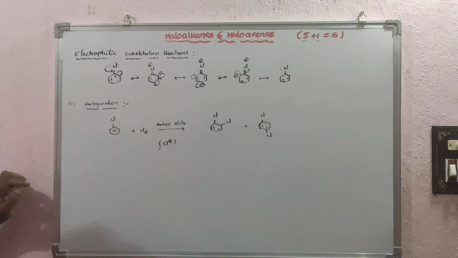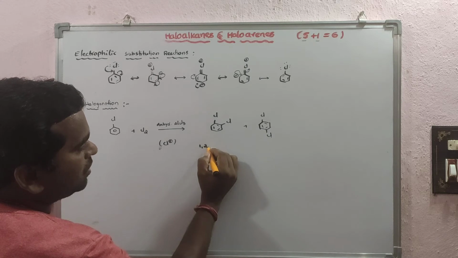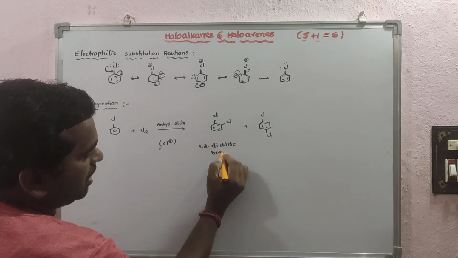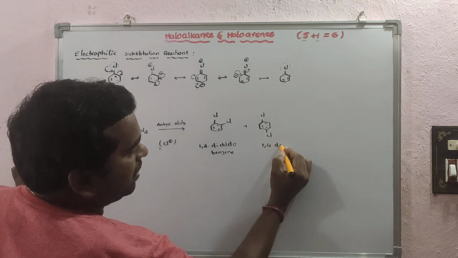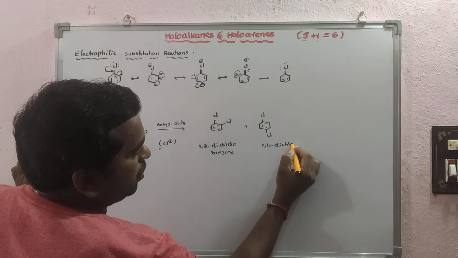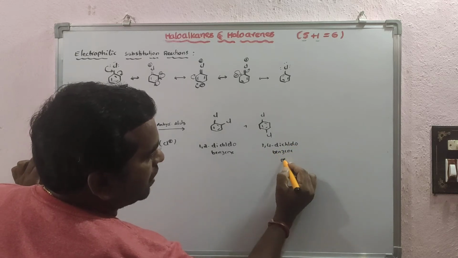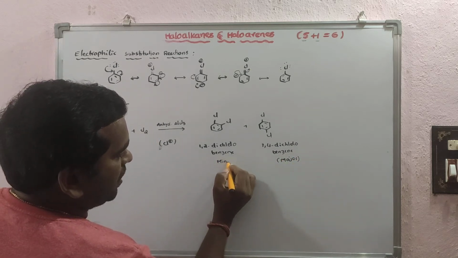So you can write here 1,2-dichlorobenzene, and 1,4-dichlorobenzene. Clear? Which one is the major product? This is the major product, and this is the minor product.